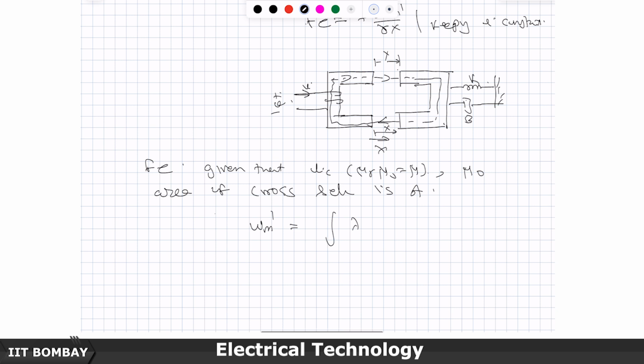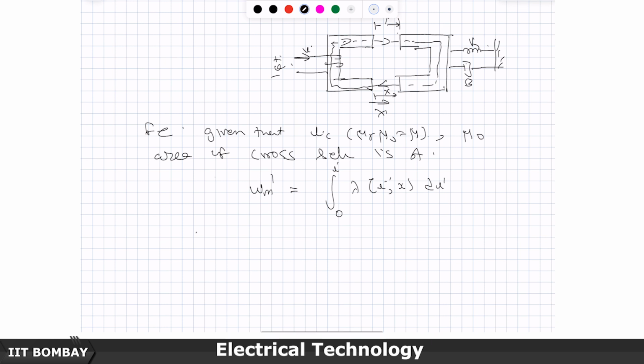So, lambda is integral of lambda(I dash, x) d I dash, and I take it to this particular level. Now, how do I write lambda(I dash) of x?